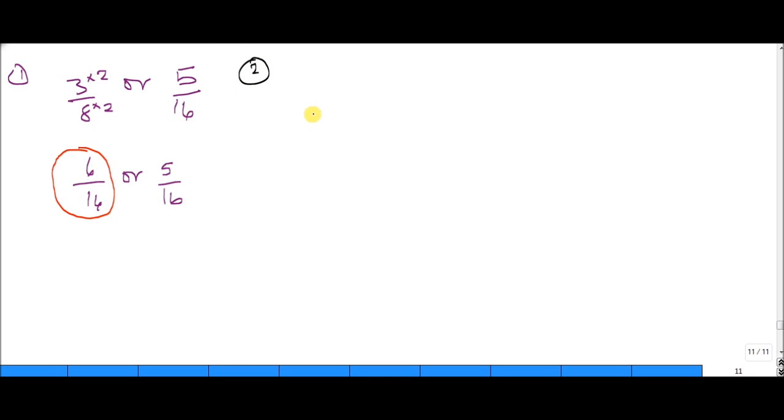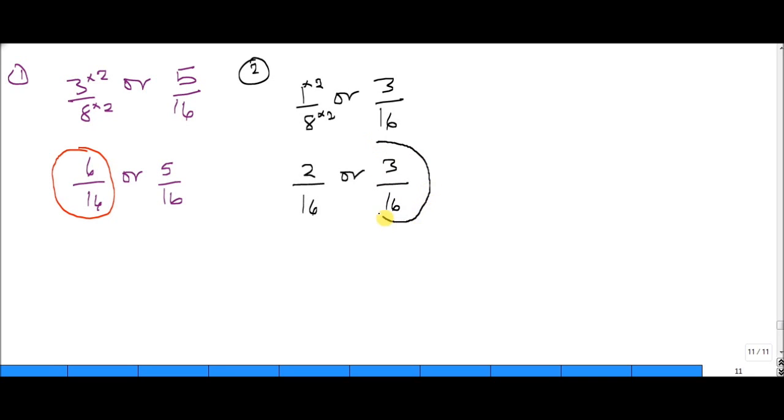Number 2, we have 1/8 or 3/16. We're dealing with 16 again, so we would multiply by 2. Okay, so 2 ones would give us 2 over 16, or 3 over 16, and 3 over 16 is larger.